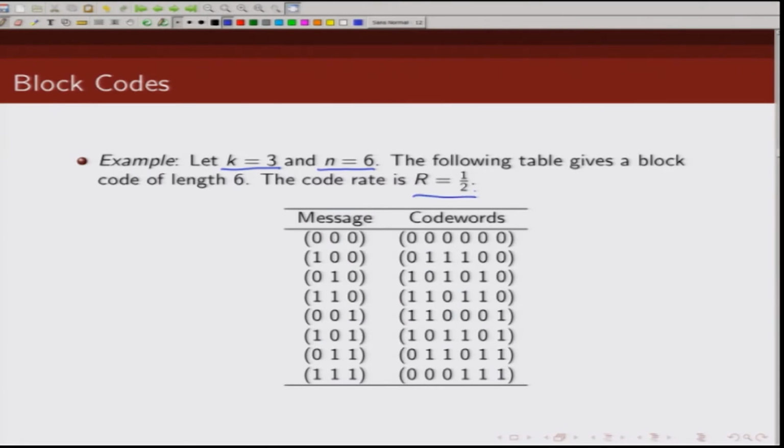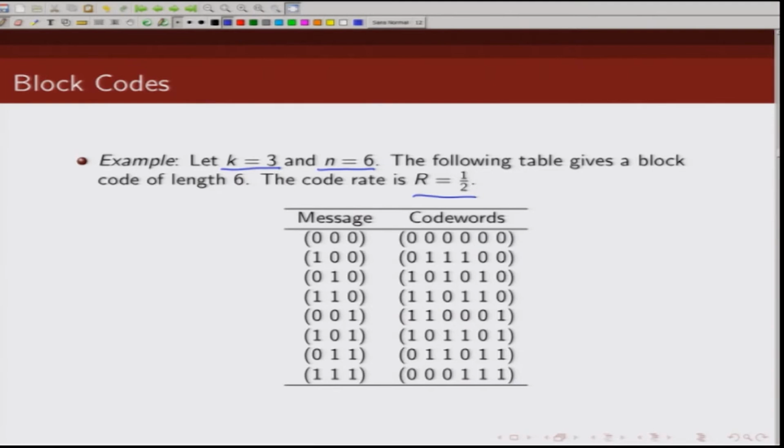Here we have our message bits. Now k is 3, so there are 2 raised to power 3, which is 8 code words, from 000 to 111. These are the 8 message words, and corresponding to these message bits, these are the 8 code words.